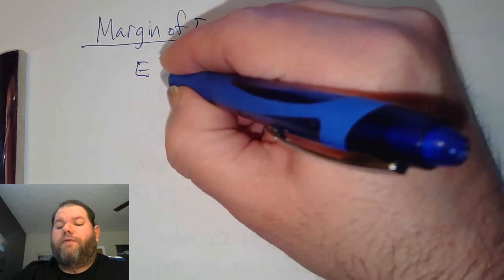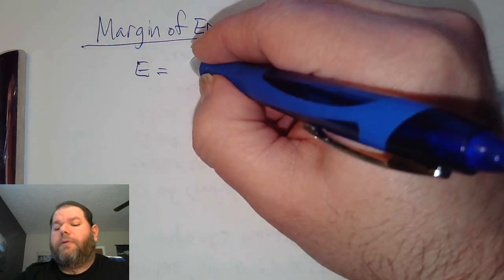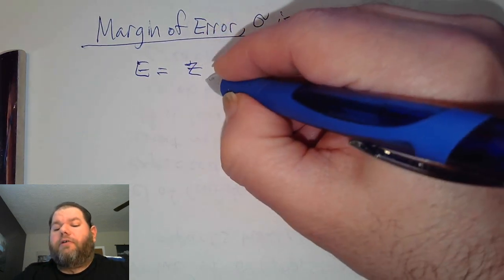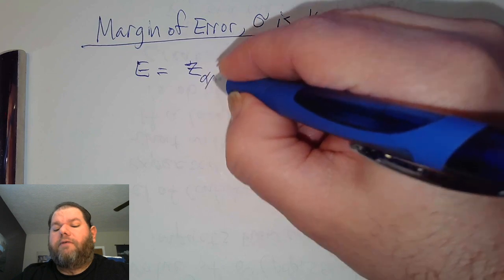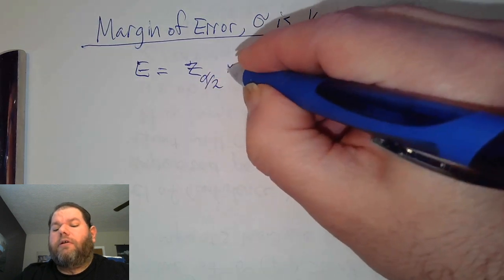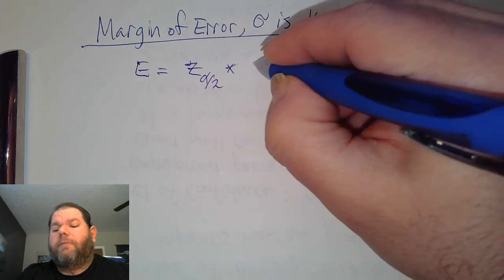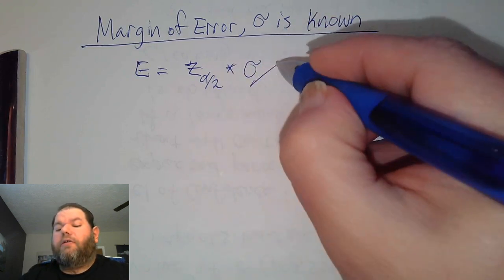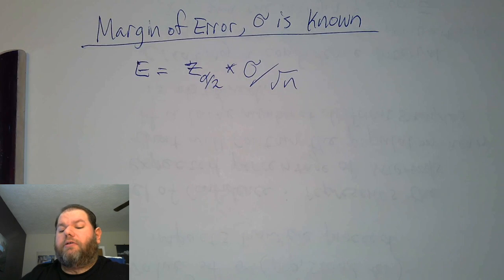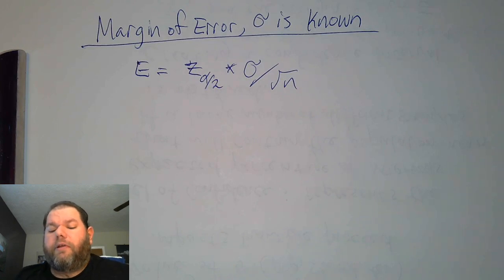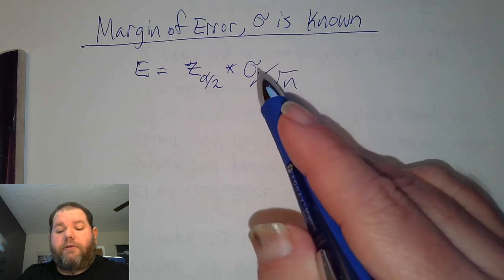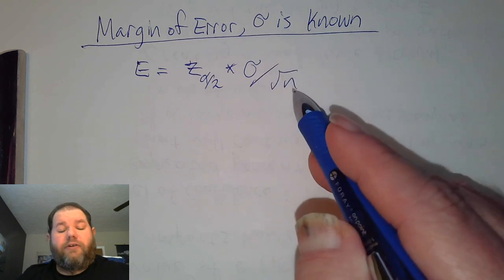Here, the margin of error is equal to, first we have this term z alpha over 2 times sigma, and then divided by the square root of n. Now sigma and n, we know what those are. It's our standard deviation, and that's our sample size.